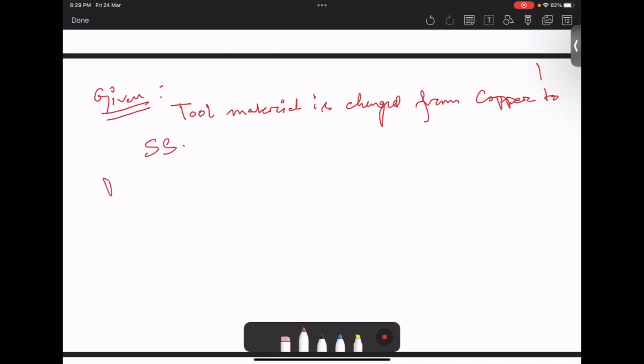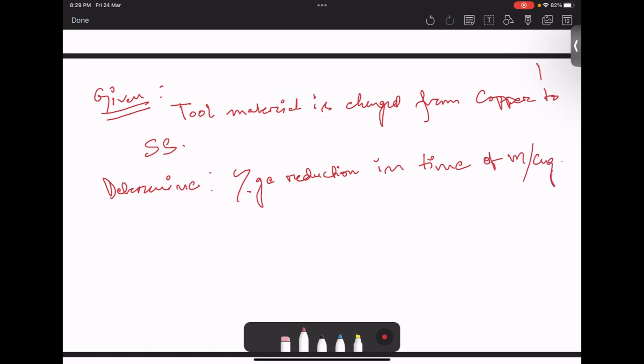So then you have to determine the percentage reduction in time of machining. Okay, of course, I'm talking about ultrasonic machining. So it's a simple question.